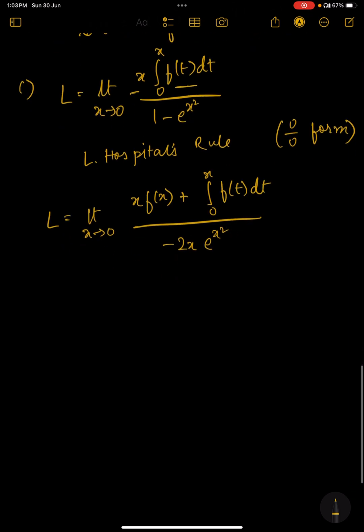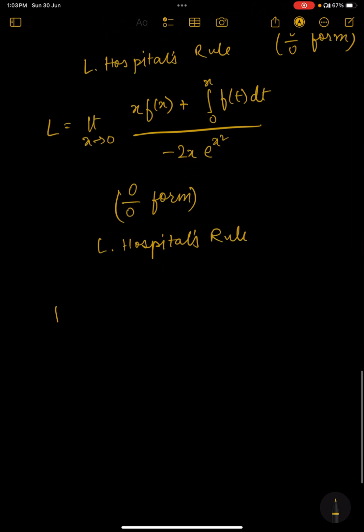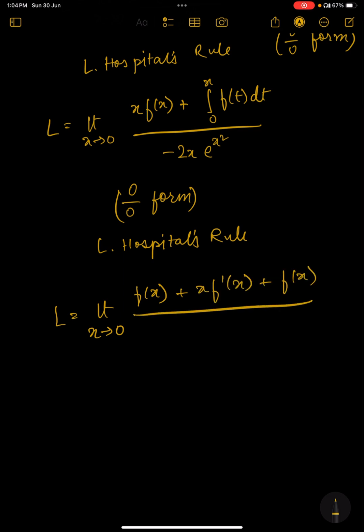Now again we find that this is of 0 by 0 form still. So I apply L'Hospital's rule, and this gives us L is equal to limit x tends to 0 of f(x) plus x f dash x plus f(x), by minus 4x square e power x square minus 2 e power x square.